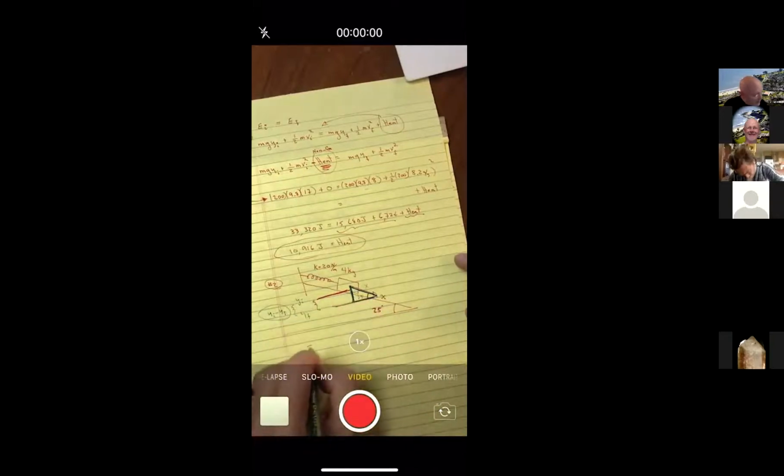And so what I'm trying to say here is that the sine of 25 degrees would be the opposite. That would be y initial minus y final over the x.